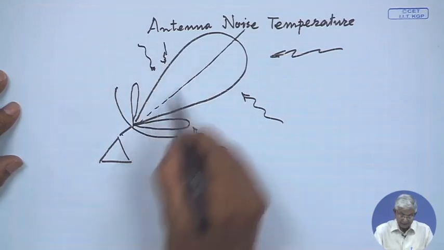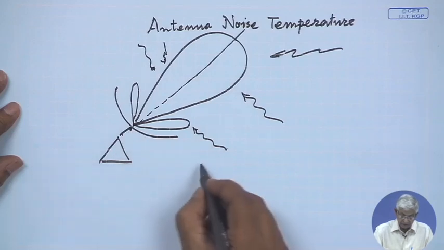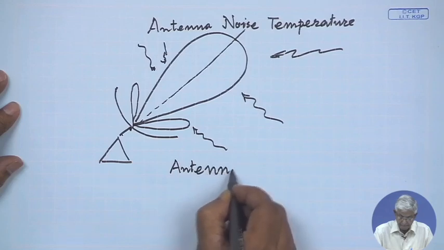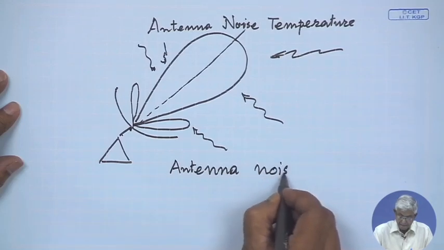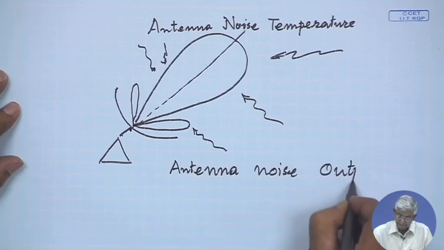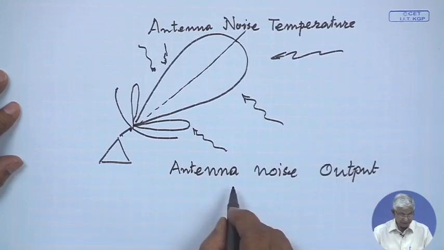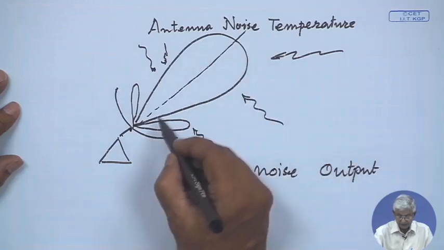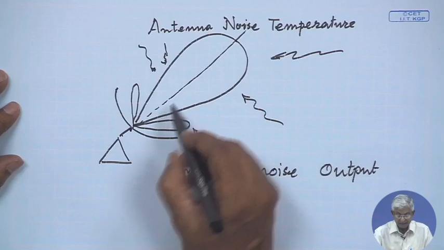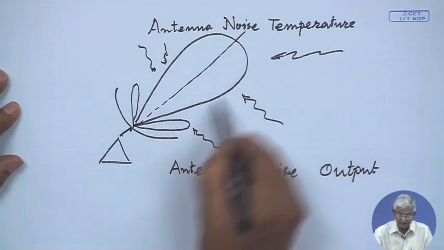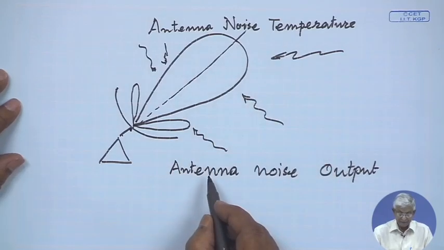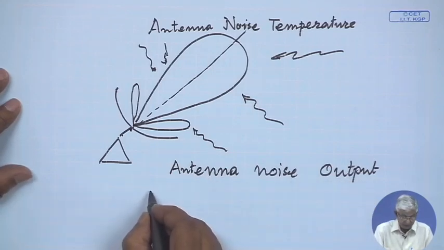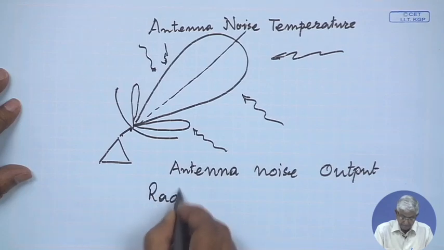Therefore, the antenna noise output depends on the radiation pattern, which depends on the r, theta, phi coordinate system, that is azimuth and elevation, or phi and theta.